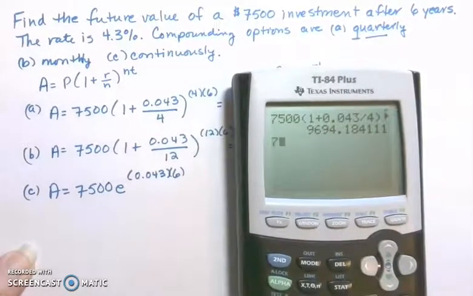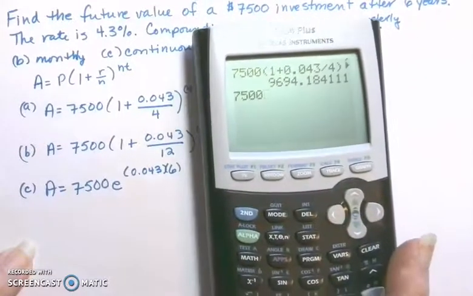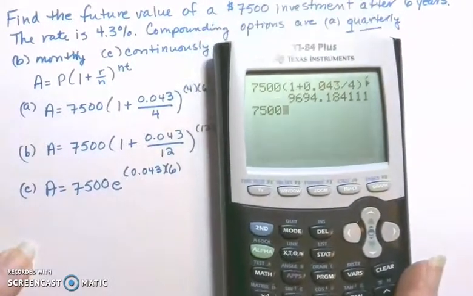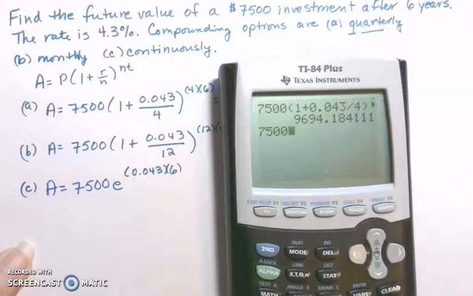So I have 7,500, and my e to the x key is the second button of the natural logarithm. I don't know that you can see the little bitty e to the x. My graphing calculator isn't up far enough for you to see, but on your graphing calculator, it's a second e to the x.